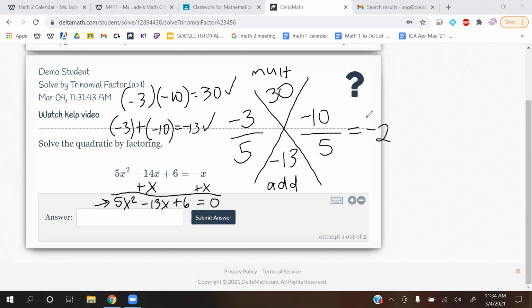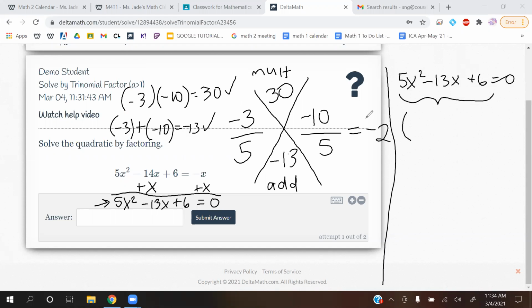Okay, so let's rewrite this as the two factors. So we have originally 5x squared minus 13x plus 6 equals 0. Then we're going to rewrite all of this into factored form. We have the negative 3/5. Remember the 5 on the bottom, it goes in front of the x. And then the minus 3 on the top is just the minus 3.